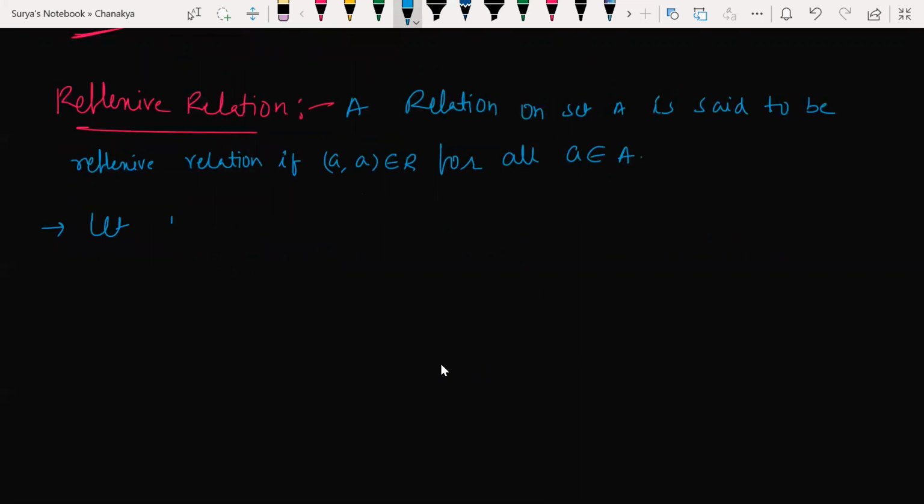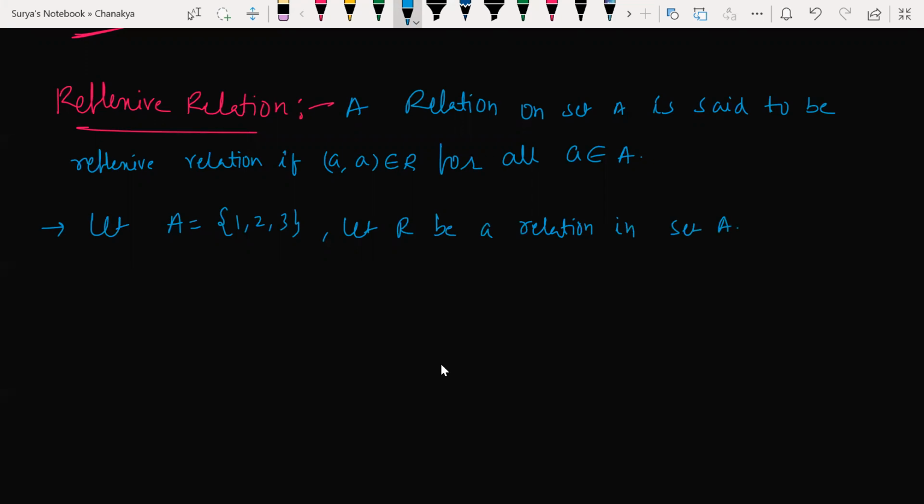Let A is equal to 1 comma 2 comma 3, and let R be a relation in set A.